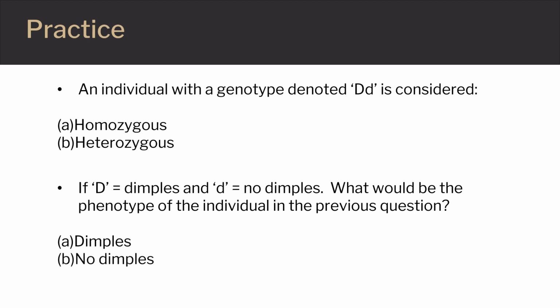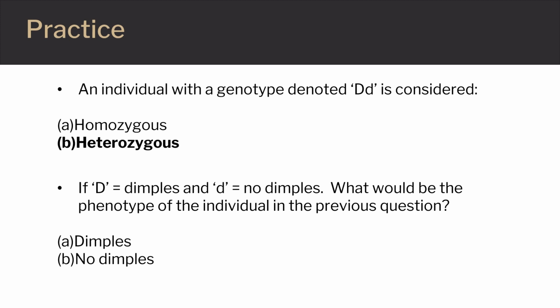The genotype capital D, lowercase d is a heterozygous genotype because the individual has two different versions or copies of that gene, meaning that mom and dad gave this individual a different version of that gene that codes for dimples. If capital D denotes dimples and lowercase d means no dimples, and the individual is capital D, lowercase d like in our question, then what would be their phenotype?